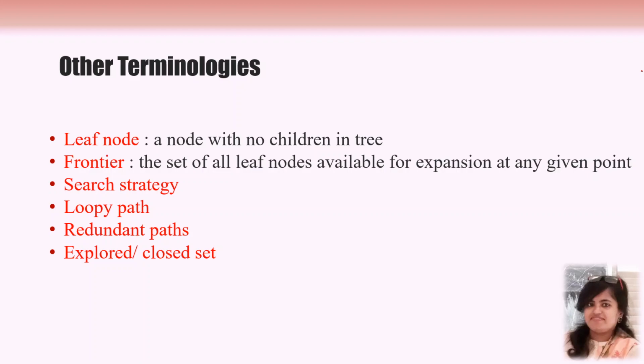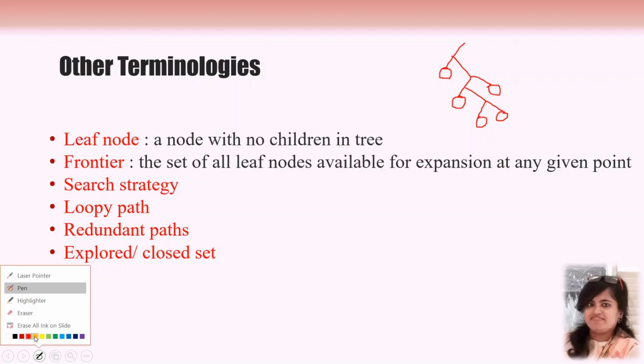Another terminology is the leaf node. So what is a leaf node? Suppose you have one particular tree. Now in this particular tree, the tree ends in these positions. These nodes don't have any children. So this node, this node, this node, this node and this node.